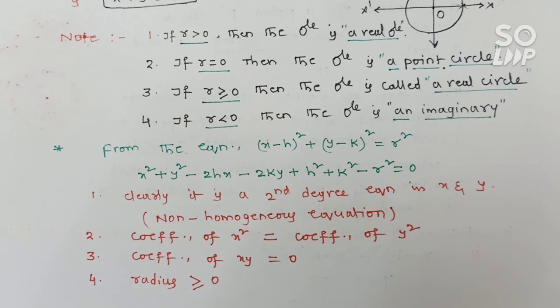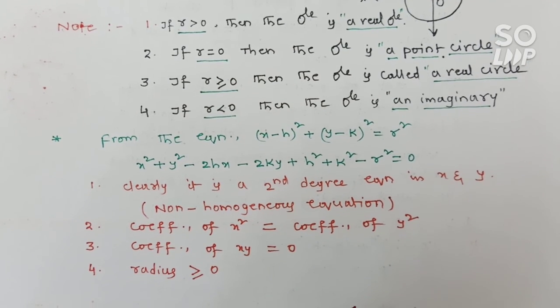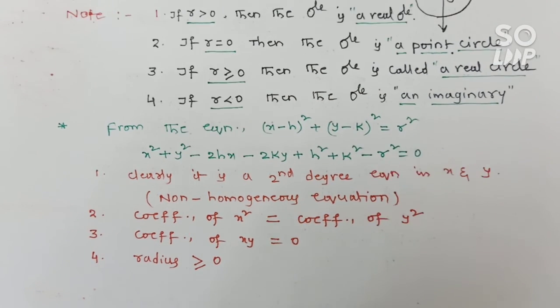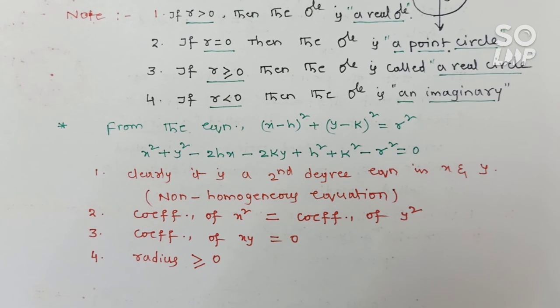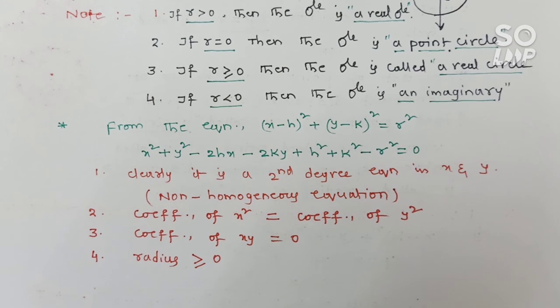Okay, and the next very important thing is, if g square plus f square minus c is greater than or equal to 0, then x square plus y square plus 2gx plus 2fy plus c is equal to 0 represents a circle. So how can we prove this one? See, look at this one.